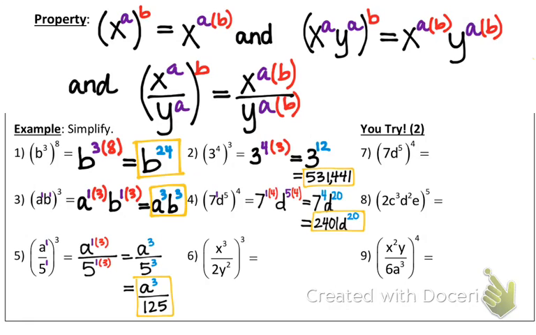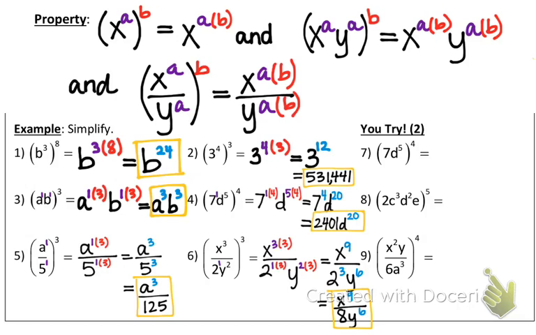In our last example, we have x cubed being raised to the third power over 2 to the first power, which also gets multiplied by 3, y to the second power multiplied by 3. So we have x to the 9th on top, 2 cubed, y to the 6th on the bottom. We can evaluate that 2 cubed, so now we have x to the 9th over 8, y to the 6th.